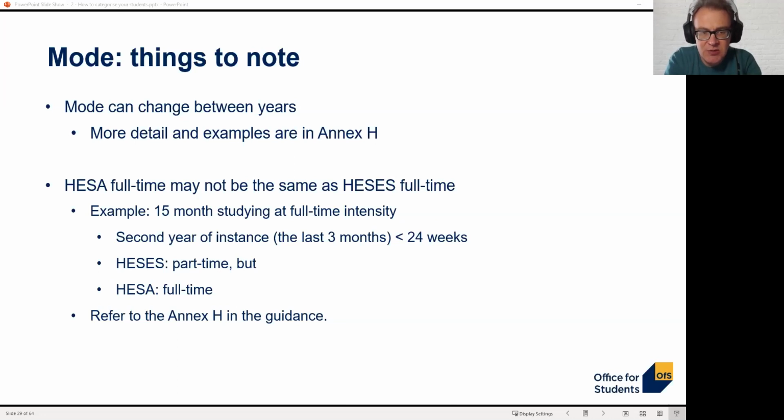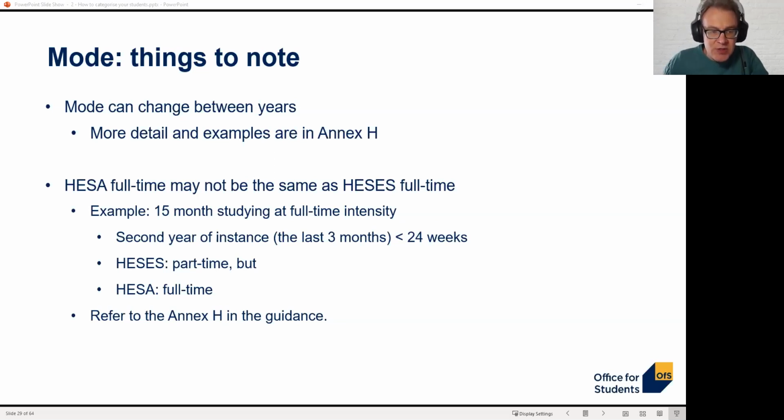So you might have someone who is doing an HNC over 1 year, so having an effective FTE of 1, doing a 1-year course over 1 year, but they aren't quite studying enough. The amount of time they're spending studying doesn't quite meet our definition of full-time. So it is possible to have the occasional odd case where you might have a student who's studying part-time with an FTE of 1. FTE is a concept that we will talk about more in our next webinar, if it's not something you're familiar with.